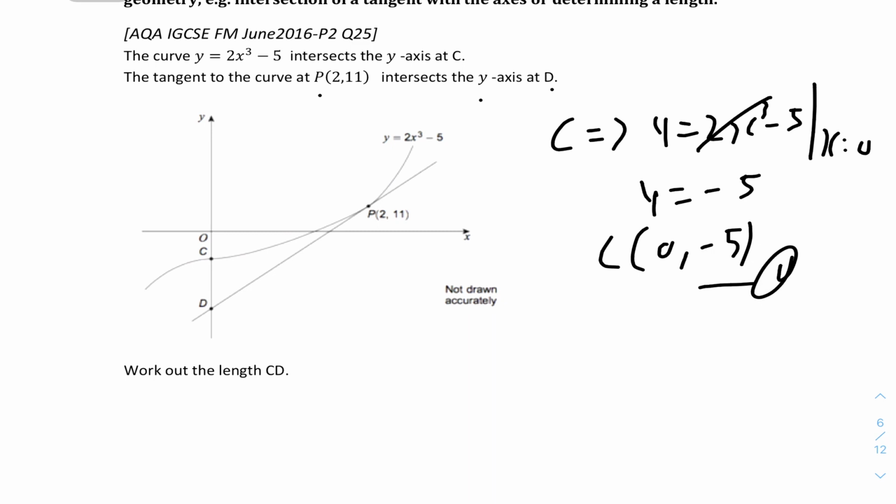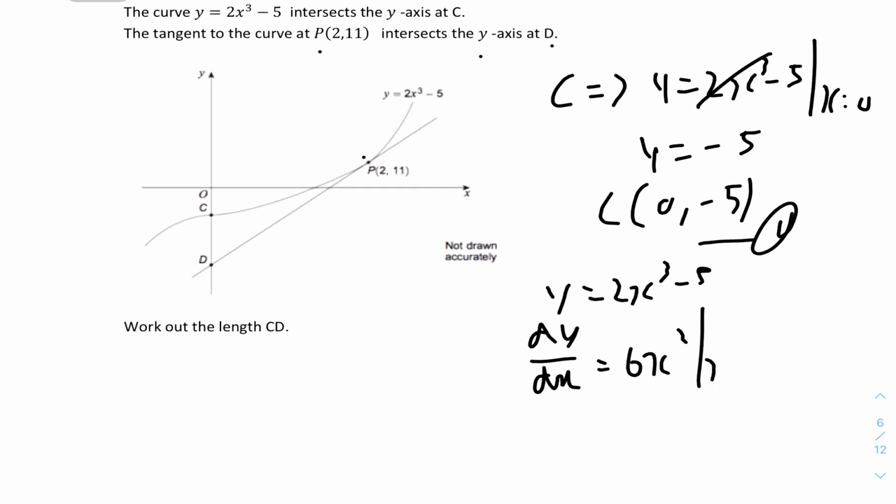So we have to differentiate the curve to find the gradient at the point where x equals 2, because that's the tangent. The curve is y equals 2x cubed minus 5, and therefore dy over dx will be 6x squared. Where x equals 2 it will be 24, because 2 squared is 4, and 4 times 6 is 24.